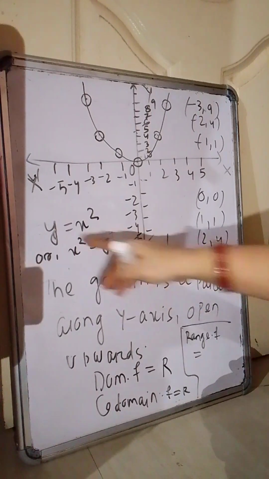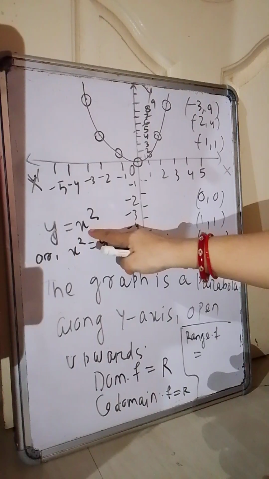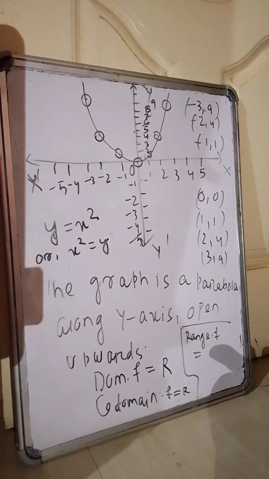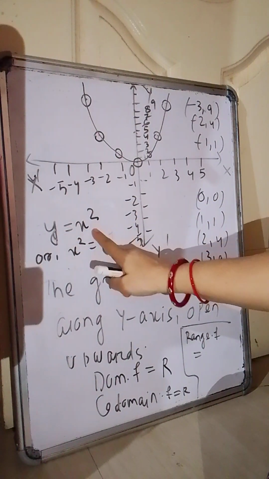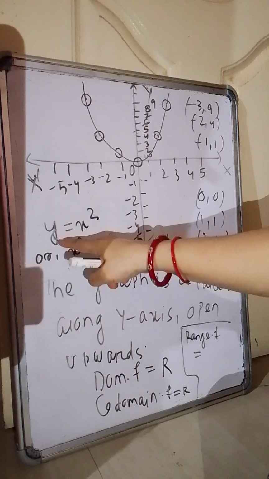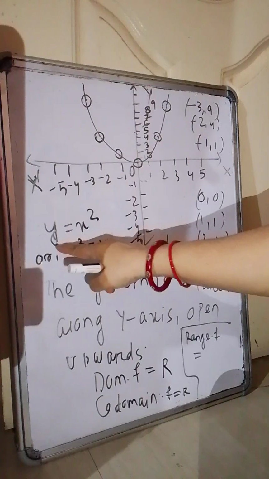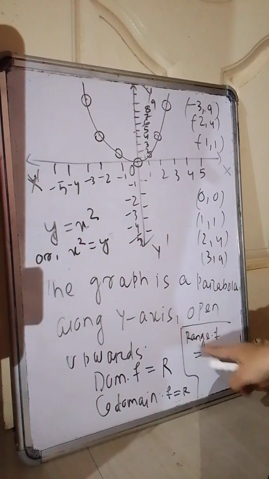You cannot get a negative y value, because it is the square of x, and the square of any number cannot be negative. Either it is positive or it is 0. So your image will always be a positive number, because your y value is of the form x square. Your y is nothing but the image of this x. So the collection of all the images is your range.